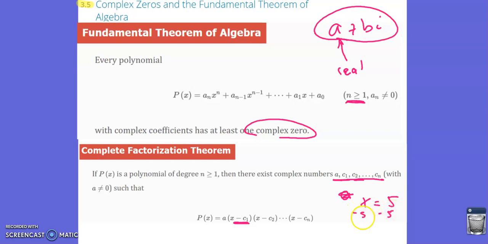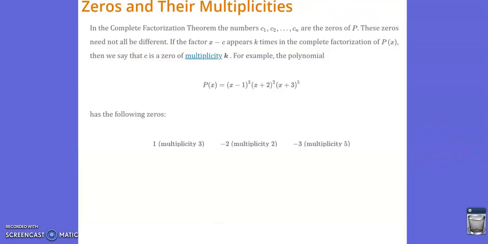But it's true with the complex number. So even if I had x equals 5 plus 2i as a 0, then x minus (5 plus 2i) is a factor. All right, so if that's a 0, then that's also a factor. So just keep that in mind. That's what the complete factorization theorem says.